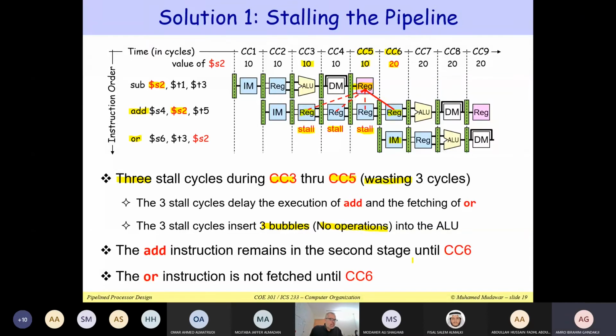We have to fetch these instructions in program order, right? The instructions appear one after the other in the program, and therefore when we increment the program counter, we fetch the next instruction. So we fetch the add, and then we fetch the OR, and so on. Somebody has raised his hand. Would somebody like to suggest a solution?